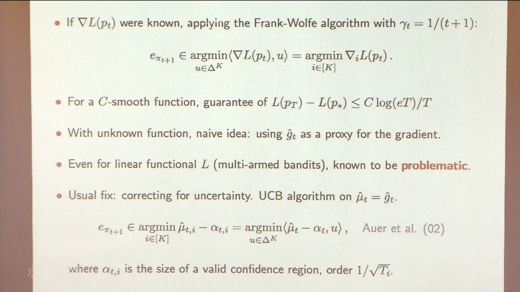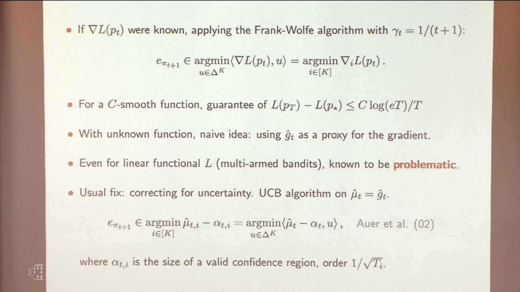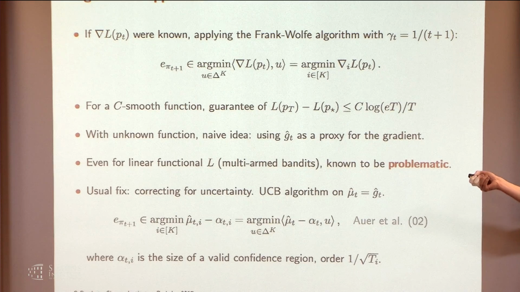So in this case, we would just do this. In this case, we just do this with this step size, which would just mean taking the i such that the ith coefficient of the gradient is minimum. And for a C-smooth convex function, we would get a guarantee of this type, right? We'd get a convergence of order log t over t.